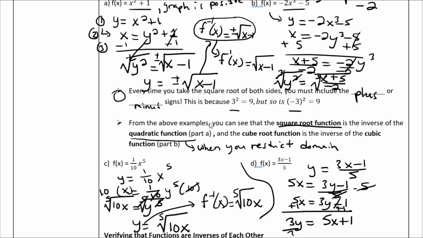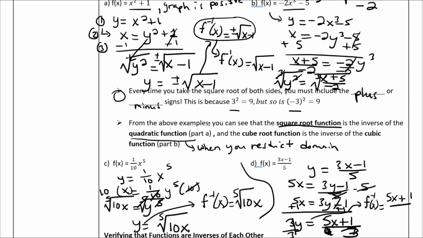Now we've got to get rid of the 3, so we're going to divide everything by 3. Or we can just write it as 5x plus 1 over 3. I'm just going to do the whole thing over 3. And then change that to f inverse. So our final answer is f inverse equals 5x plus 1 over 3. All right, and that's all there is to it, to find the inverse.